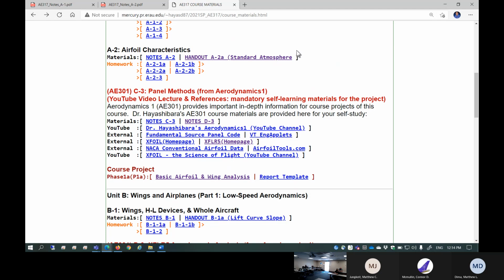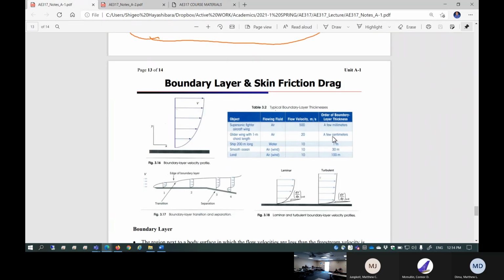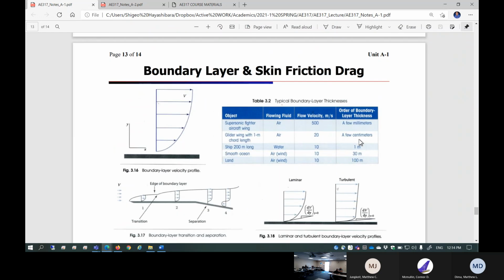So let's just keep going today. Unit A1, boundary layer. Of course we don't have to cover what a boundary layer is. You know that. If we include viscosity, of course, the boundary layer needs to be analyzed. Boundary layer development is usually independent from the solver.